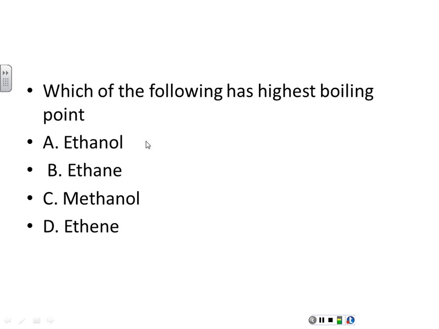Write down: the first one is an alcohol, ethanol.